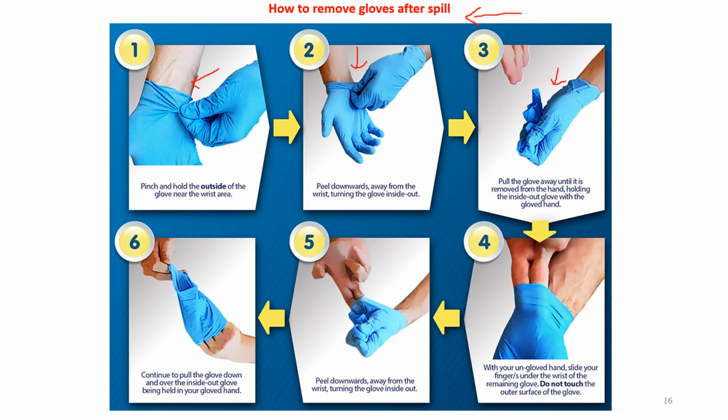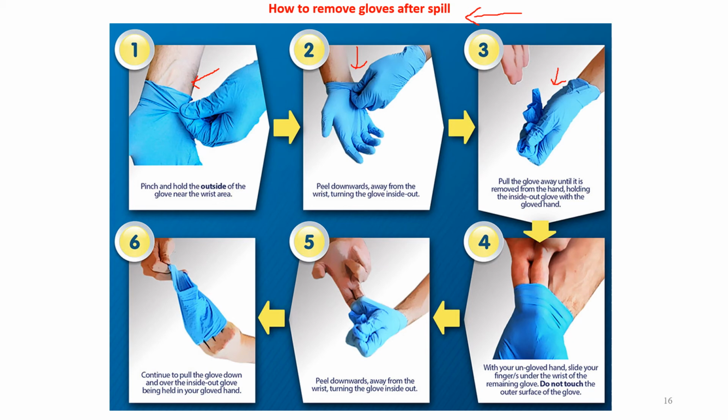And then of course, with your ungloved hand, slide your fingers under the wrist of the remaining glove, do not touch the outer surface of the glove. And number five, peel downward away from the wrist, turning the glove inside out. You can see here, very clear.